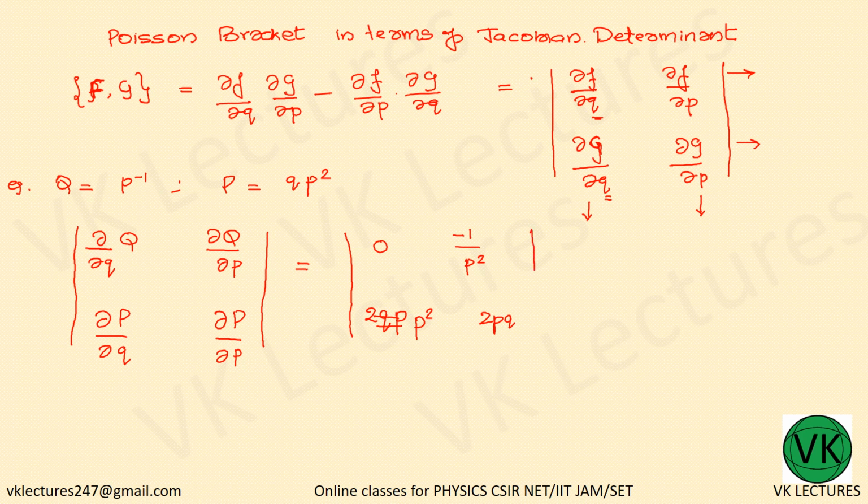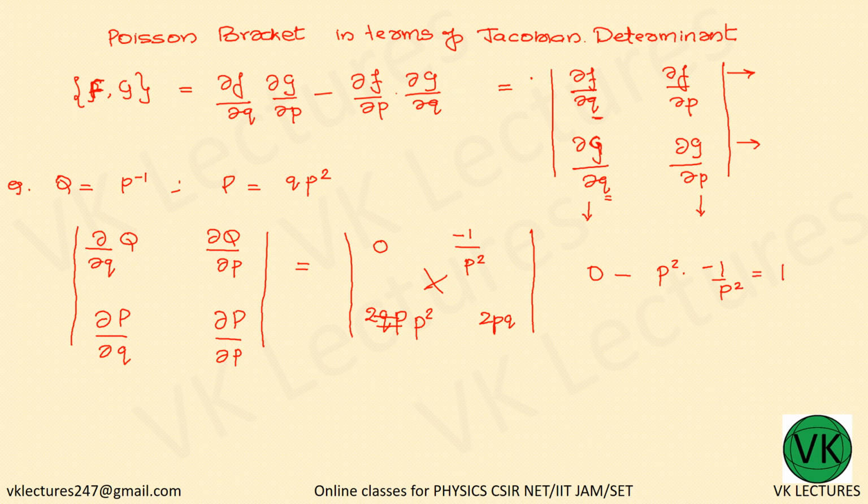Now the determinant is this minus this, so 0 minus p squared times minus 1 by p squared, that is equal to 1.